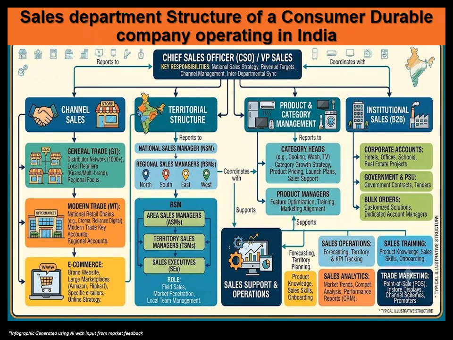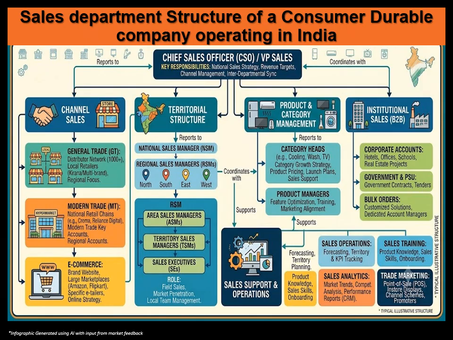The responsibilities may include national sales strategy, setting revenue targets, channel management, and interdepartmental synchronization. This is supported by channel sales, territorial structure, product category management, and institutional sales, or so-called B2B. These are the various sub-functions that operate under the chief sales officer.